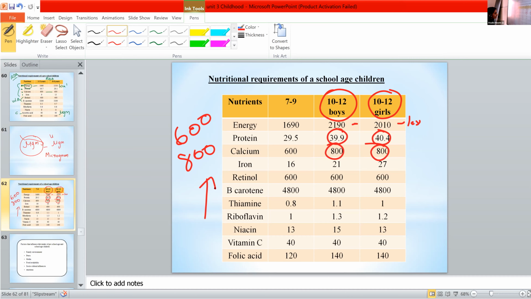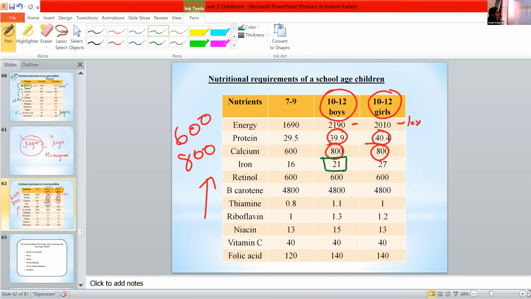Then iron. This is very important. For a boy between 10 to 12, it's 21. The RDA of iron is 21 for a day. All these values are for a day. Recommended daily allowance.